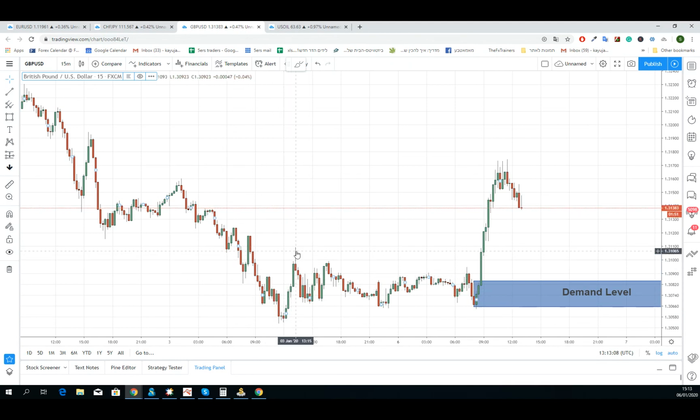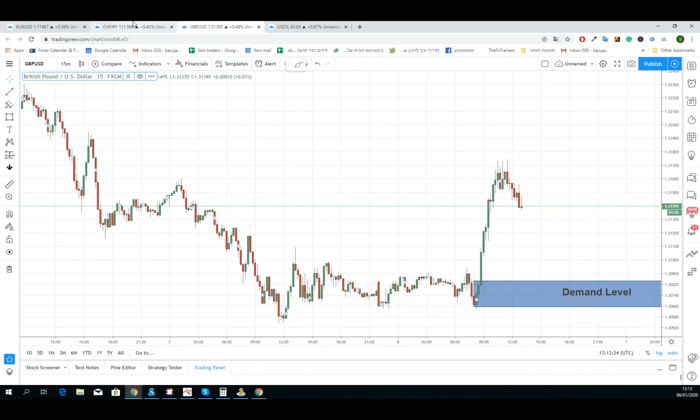Okay, so it indicates the momentum change from this bearish momentum to bullish momentum, and when the price gets back to this demand here at the bottom and here, it reacts and moves up from there.